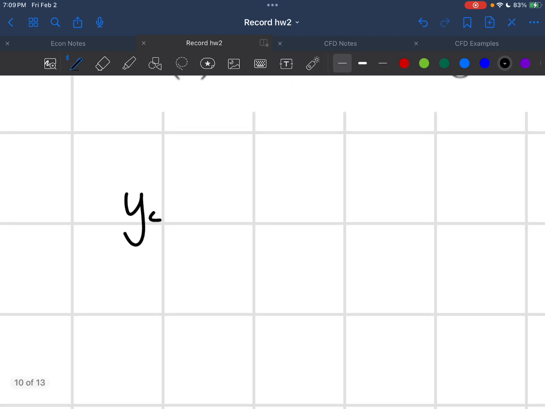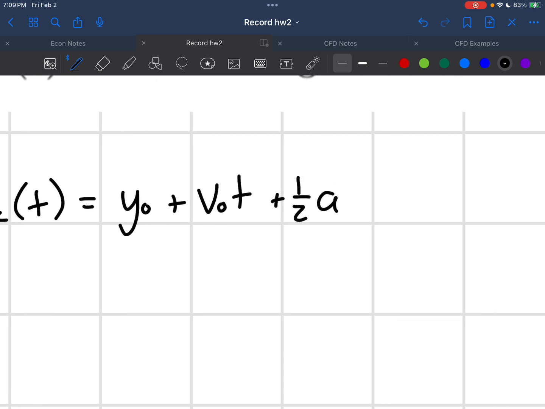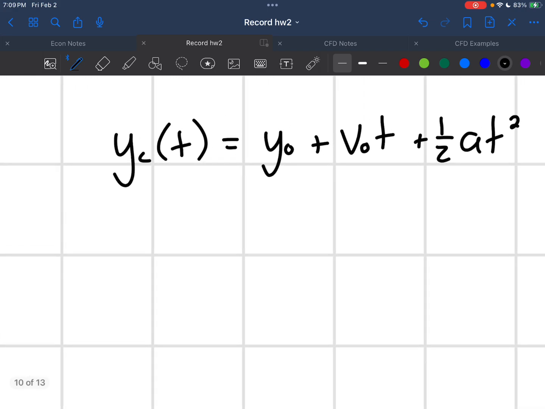So my position of the cat, as a function of time, is going to be y naught plus v naught t plus 1/2 a t squared. And again, this is the exact same position versus time equation that I set up for the previous problem.